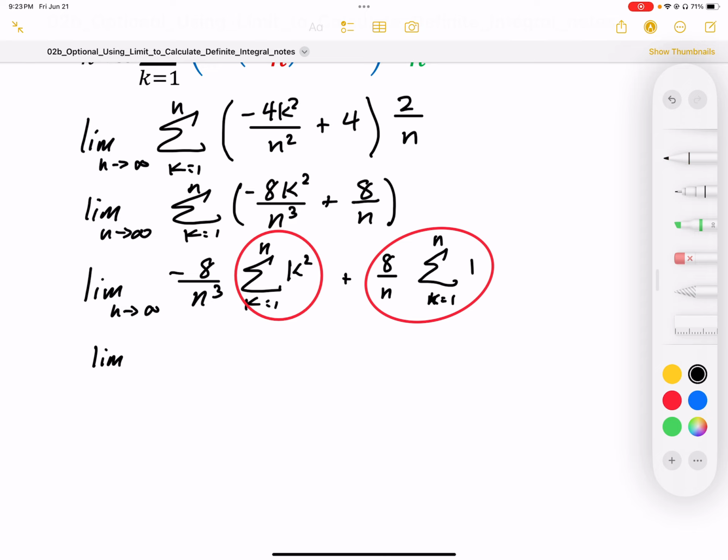So limit as n approaches infinity, negative 8 over n cubed. And I'm going to replace this summation with the formula: n times n plus 1 times 2n plus 1. Now again, without having this formula, I can't actually sum up that expression.